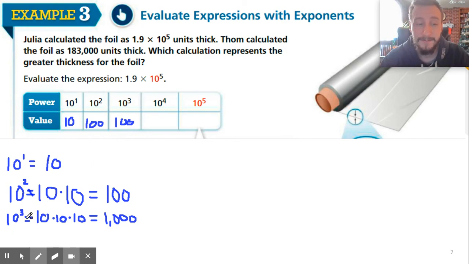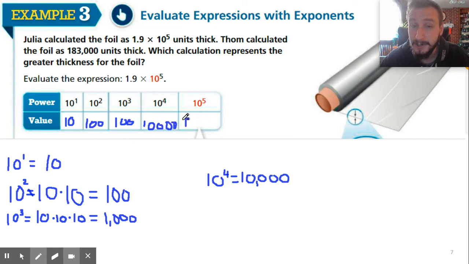So 10 to the 4th power would be 1 with 4 zeros after it. 1, 2, 3, 4, which would be 10,000. So what does that mean 10 to the 5th power would be? It would be 1 with how many zeros after? 5. 1, 2, 3, 4, 5. So 100,000.